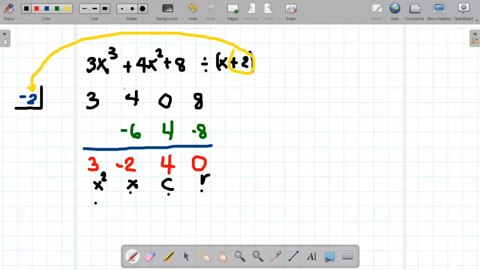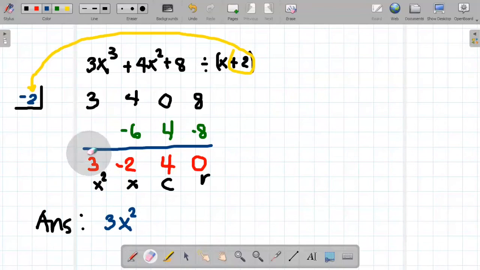So, we connect them together. The final answer will be 3 X squared, again, 3.